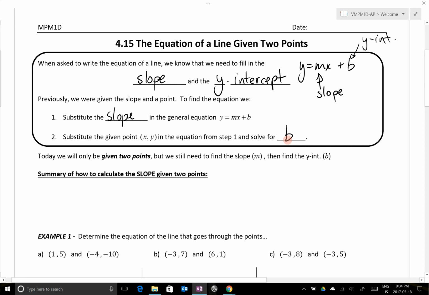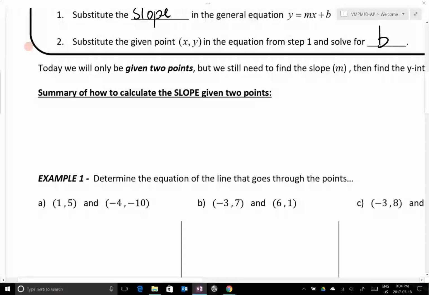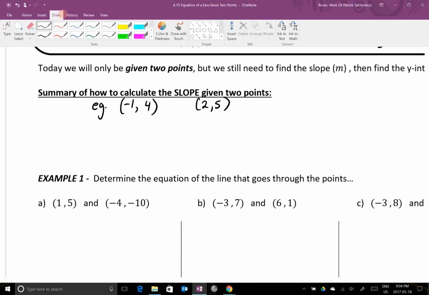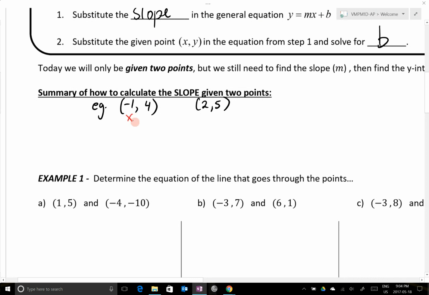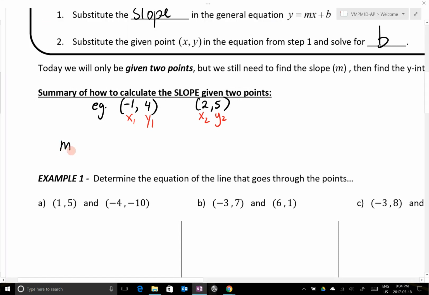So you might have to remember the last lesson, which is how did we calculate the slope given 2 points? Just a quick recap, if you were given 2 points, let's say those points are -1 and 4, and the other point was 2 and 5, how did you find the slope? You make one of these points x1, y1, and the other point x2, y2. Then use the slope formula: m, the slope, is equal to y2 minus y1 over x2 minus x1.